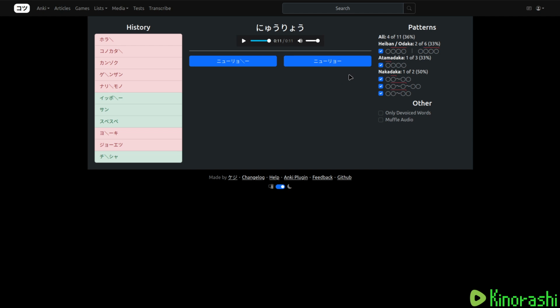Because notice there's no drop at the end, which means it's not an Odaka. Or is it a... Yeah, this would be a Nakadaka.